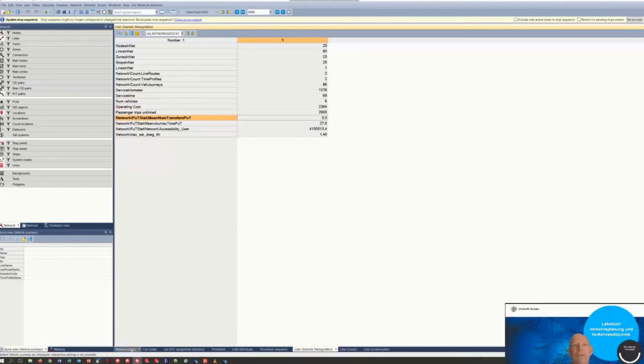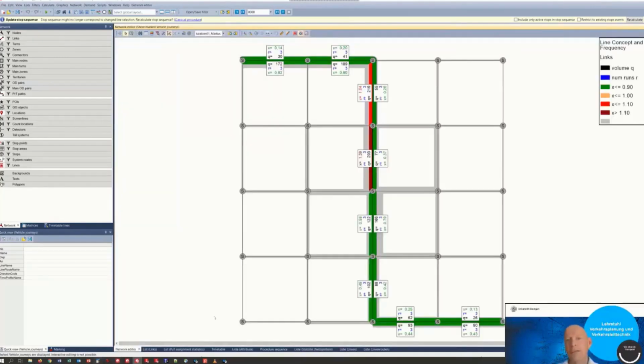Well, if you look at the network, you cannot do a transfer. Either you stay at home, people are not walking in this system, or there's no possibility to transfer because there's only one line.